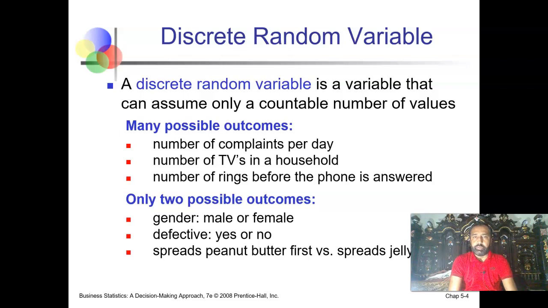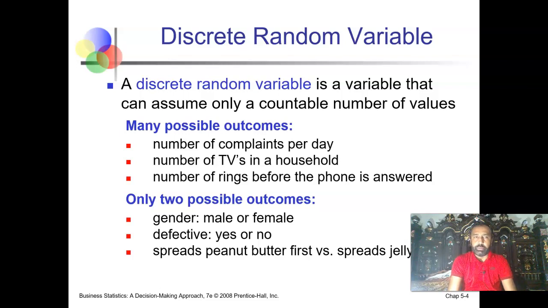For example, number of complaints per day is a discrete random variable because it can only assume a countable number of values. Number of complaints cannot be 5.25 or 3.24569. It will be either 3 or 5. So, absolute values, no values in decimals. So, that variable is known as a discrete random variable.